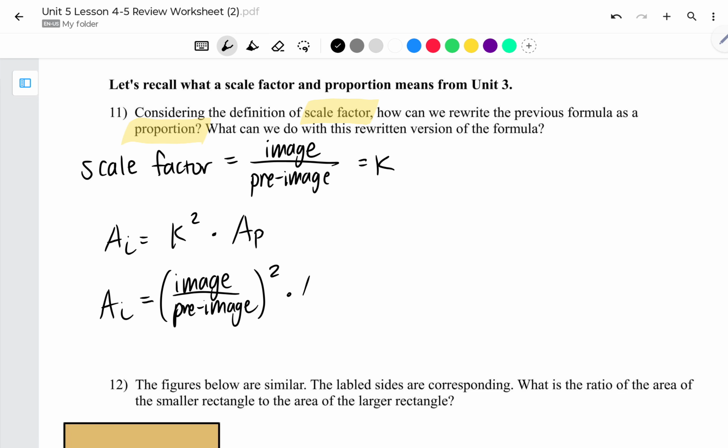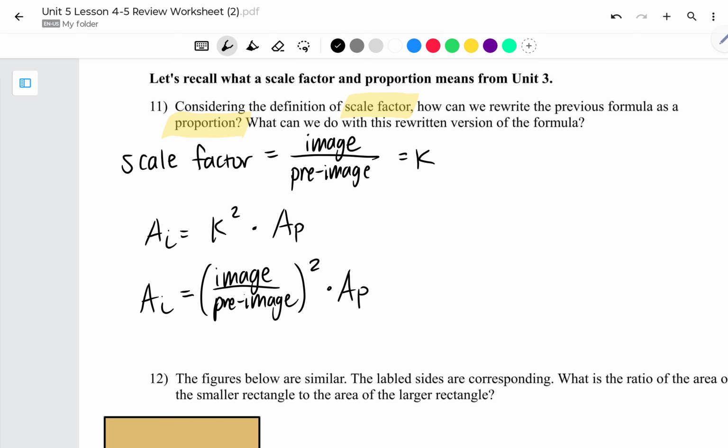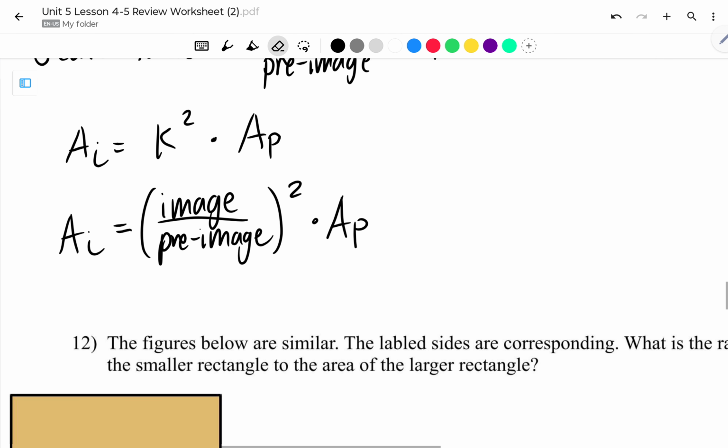It's the same thing. By the way, it's the same thing. Now, how do I rewrite this as a proportion? Proportion means two fractions that are equal to each other, right? So I want two fractions that are equal to each other here.